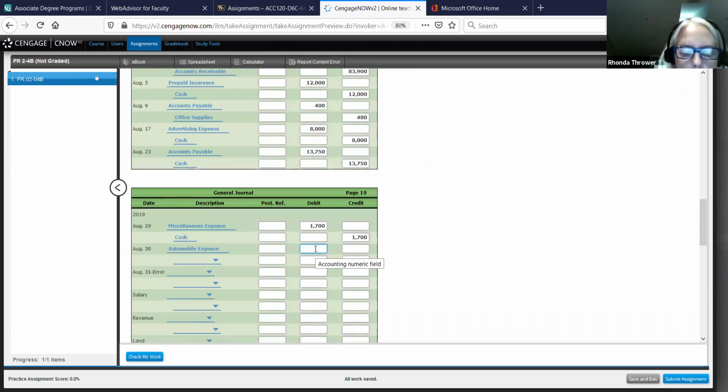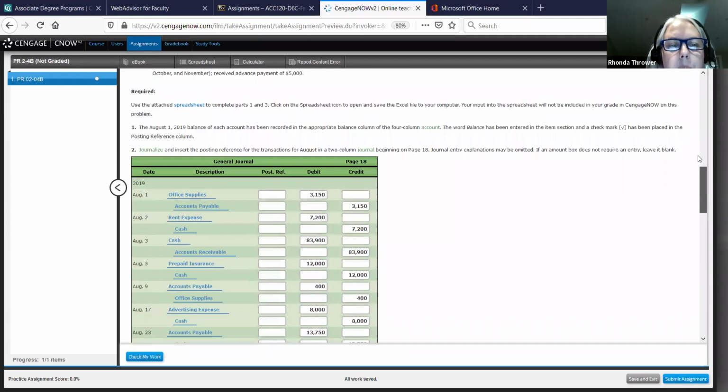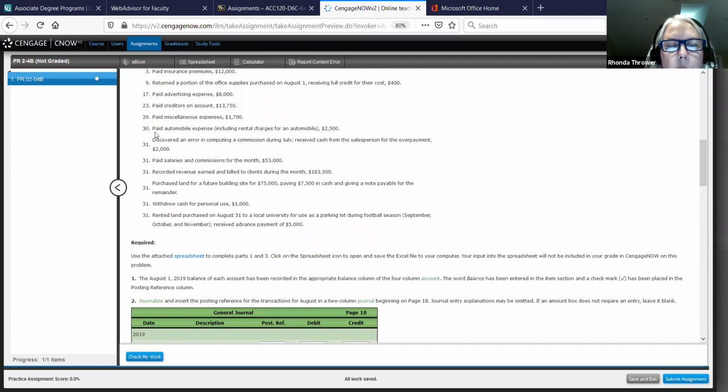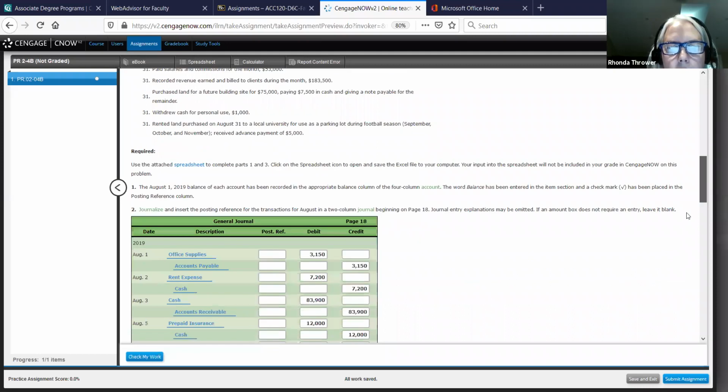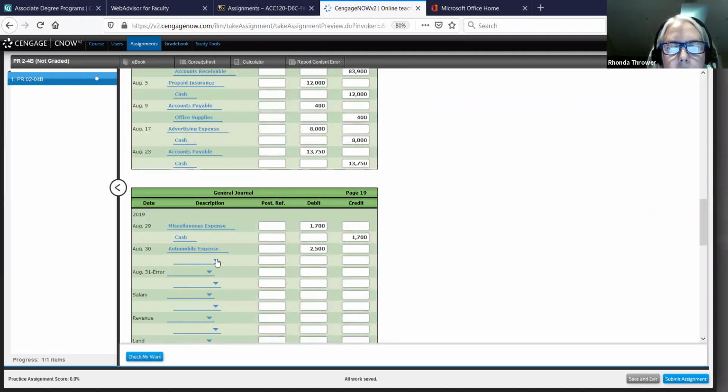I'm going to debit it for $2,500. And then they told us that we paid cash for those automobile expenses. See the word paid there, which should signal to you your cash is decreasing. To decrease an asset, you would credit.